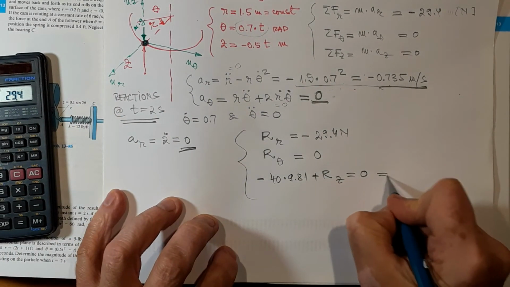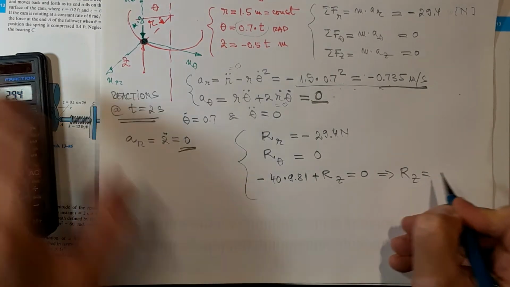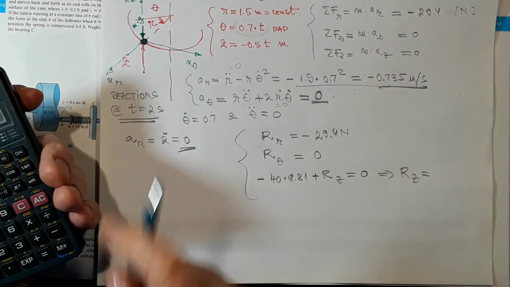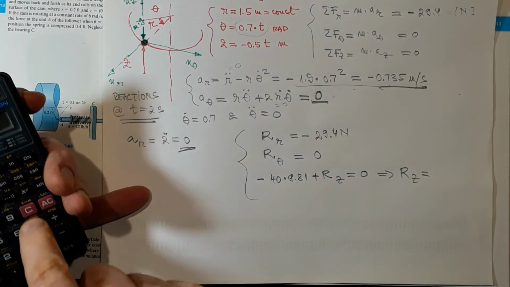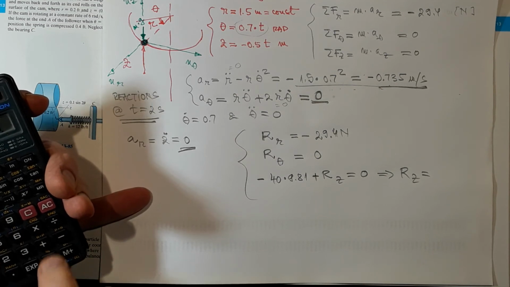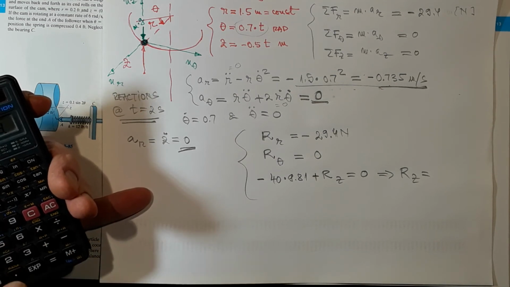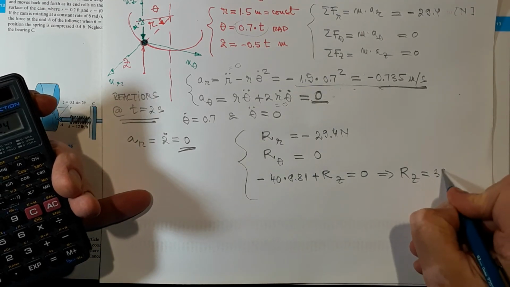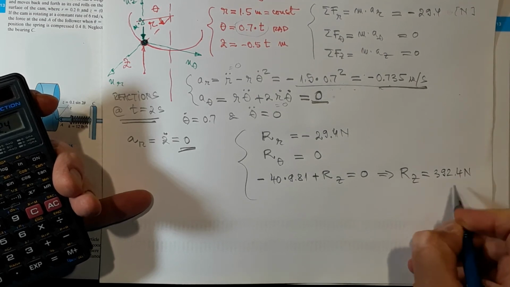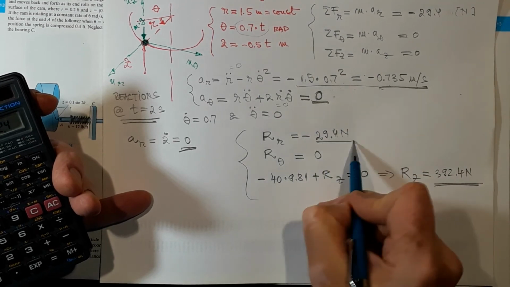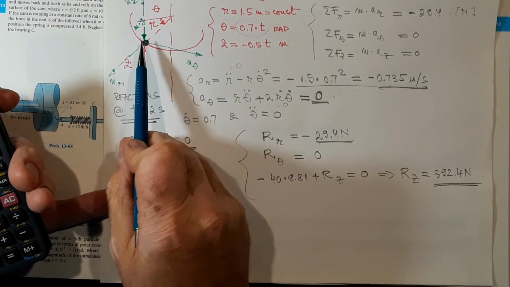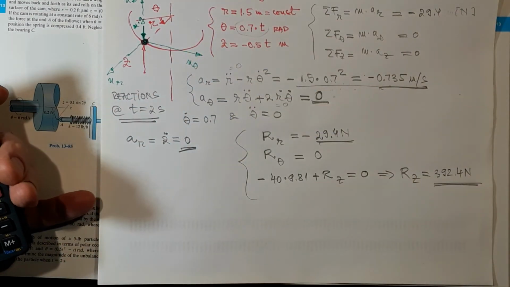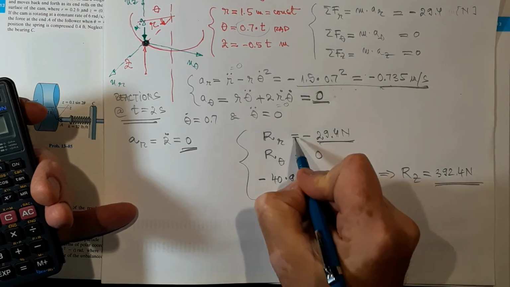So the reaction in the z direction is a positive value, and it's pointing up. 40 times 9.81 equals 392.4 newtons.